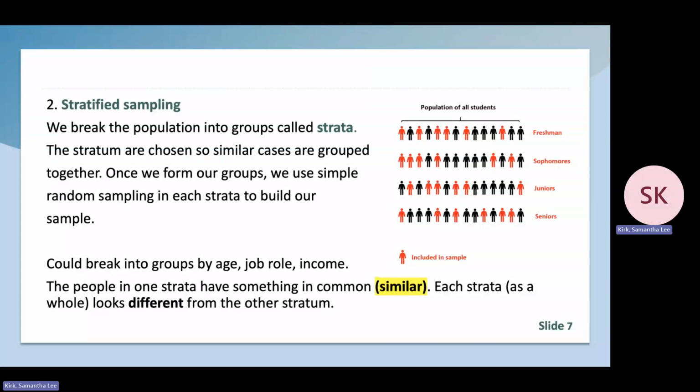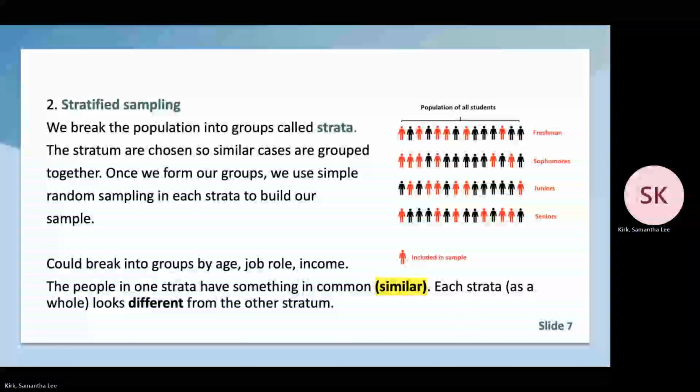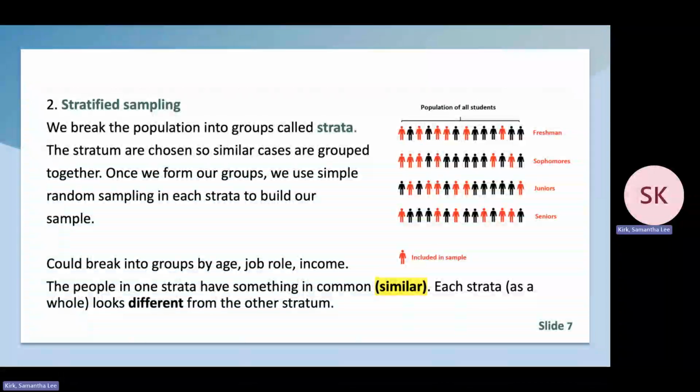This is important about stratified sampling. So let me repeat, the people in the groups have something in common, while the groups as a whole look different from each other. We're going to see the opposite of this in the next example of sampling.